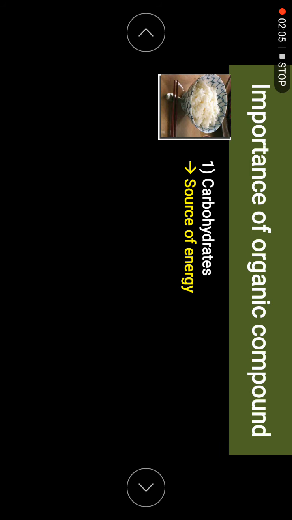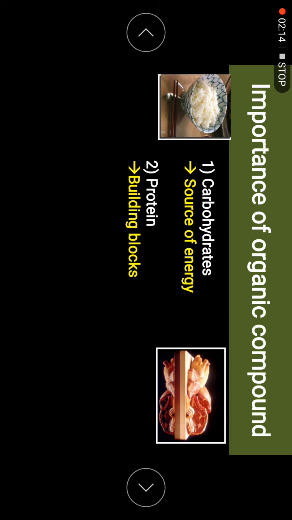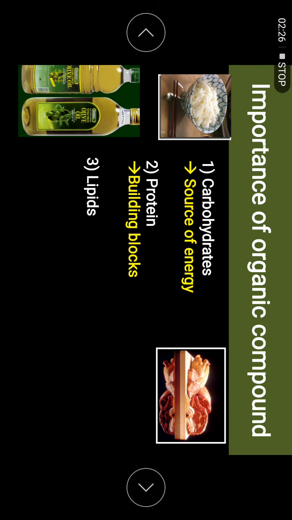So these organic compounds that you have known, for example carbohydrates, is a source of energy. The protein that we have, the meat that we take in, they are the building blocks. Building block means they function to repair and replace tissue or cells.